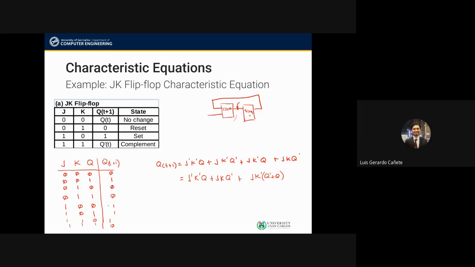That's 1, 0, so that's 1, 1, 0, 1, 1, 1. One, 1, that's 0, so that becomes 1, 1, 1, 1, that becomes 0. Yep. So this becomes 1, JK bar. How about this one?